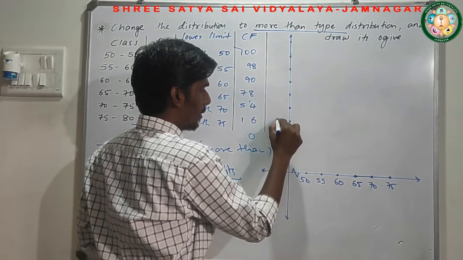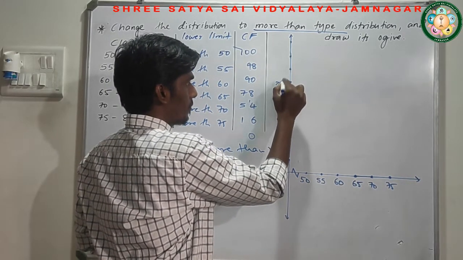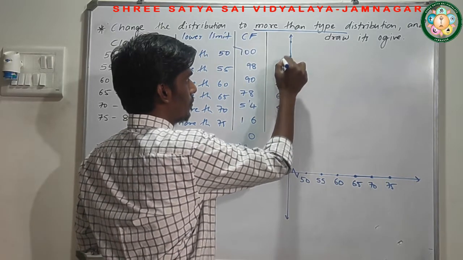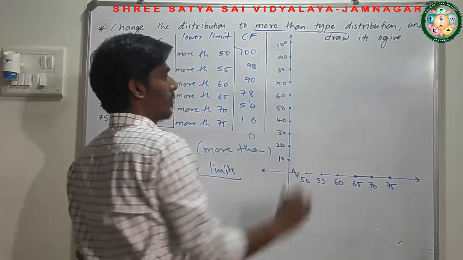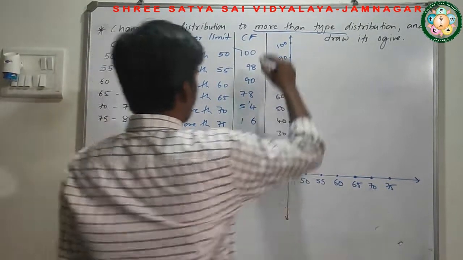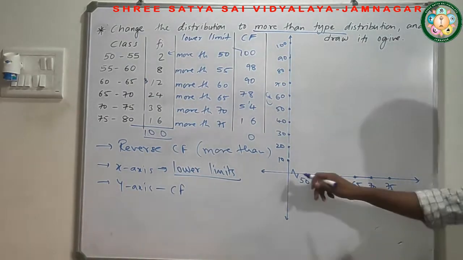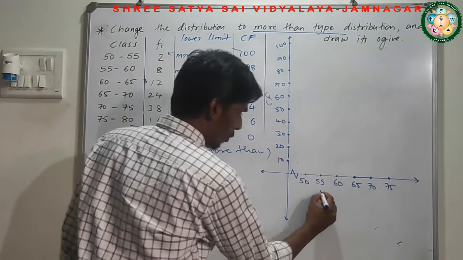I hope you understand up to this. So these are CF here, always CF for more than and less than, and here it's lower limit.